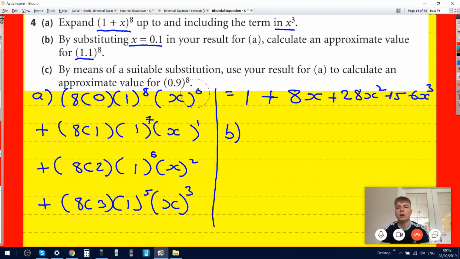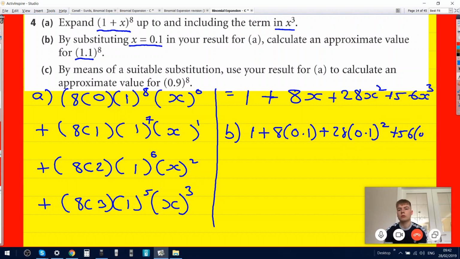So do you just need to put 0.1 in where x is? Into which one? The equation we've just got, the 1 plus 8x. Correct. So method mark is 1 plus 8. Wherever there was an x, replace it with a 0.1 in a bracket.